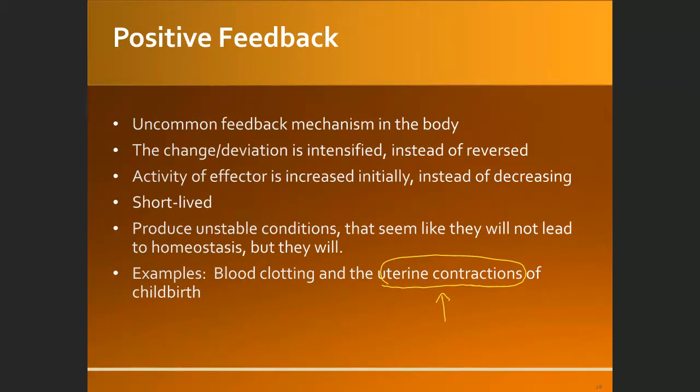And this contraction of the uterine muscle will be received by the receptor, and the receptor will give the information to the brain, the control center, telling the brain that the uterine muscle is contracting in order to deliver the baby.